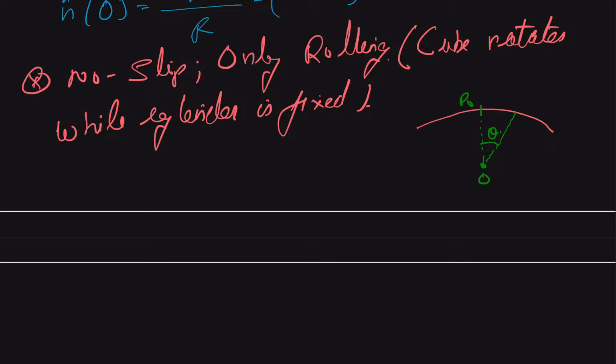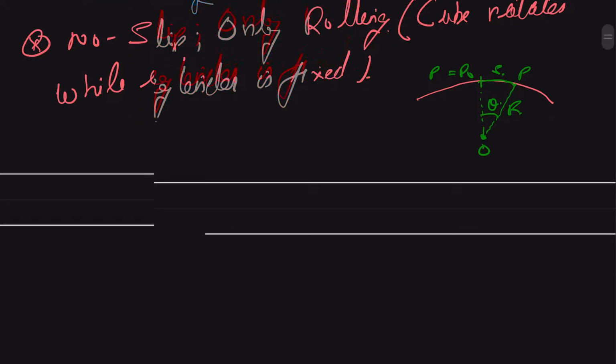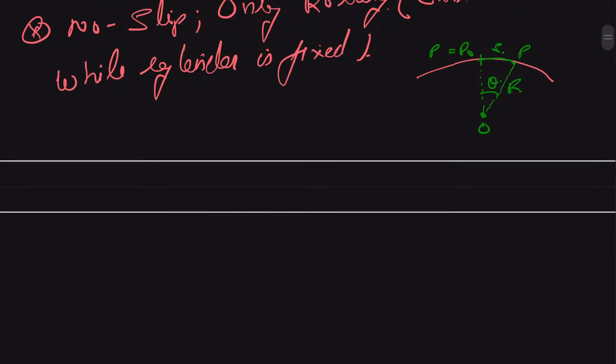The arc traveled is, let us call it S, and R is the radius. Initially the point was P naught, and this point is now P. Therefore we can say that S is equal to R times theta.